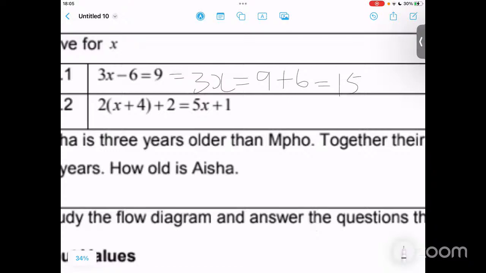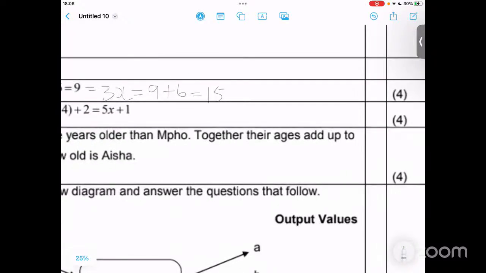So to get rid of the 3x, you're gonna divide the 3x by 3 to cancel out, so they can cancel each other out. And you're also gonna have to divide 15 by 3. So 15 divided by 3, and then 3x divided by 3.